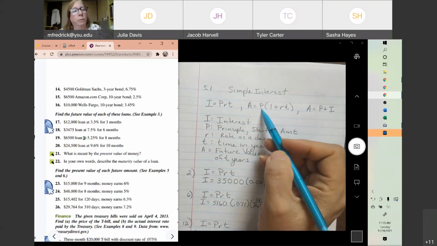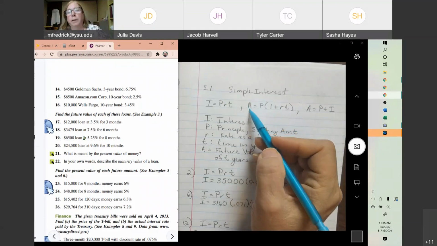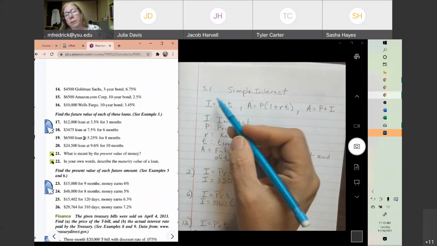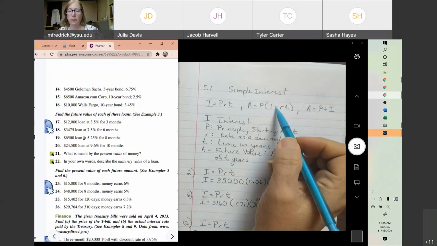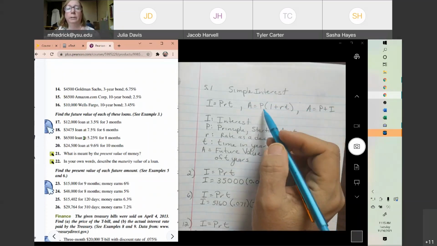They're giving us that we're starting with $3,475 at 7.5% for 6 months. And we want to know the future value. Now you could use this formula, find the interest, and just add it. Or you can use this one and just get the total answer at the end.